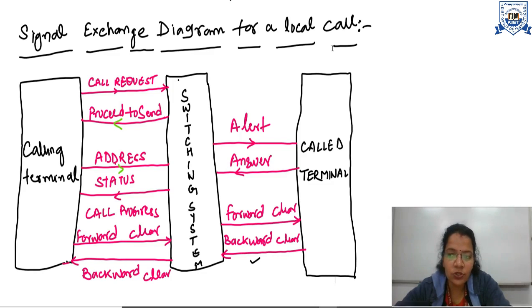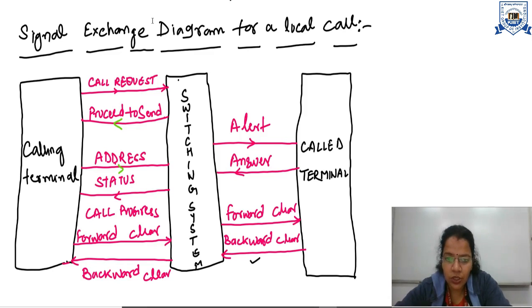You can see in this diagram I have used calling terminal and called terminal. Forward signals pass from the caller to the exchange, and from the exchange to the called customer. Backward signals pass from the exchange to the caller, and from the called customer to the exchange.